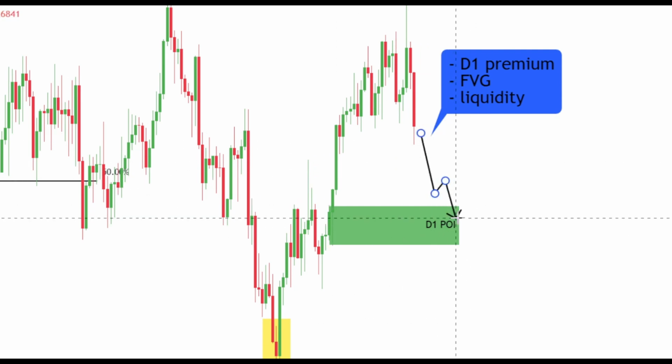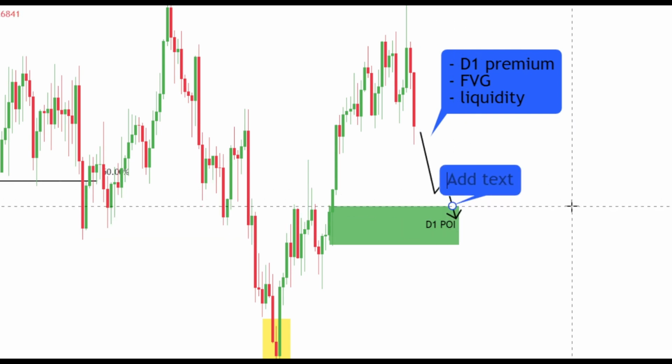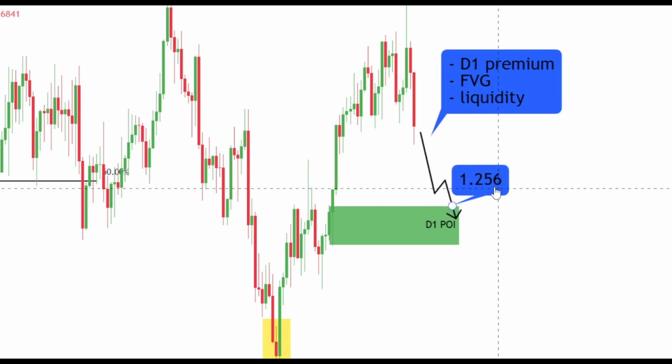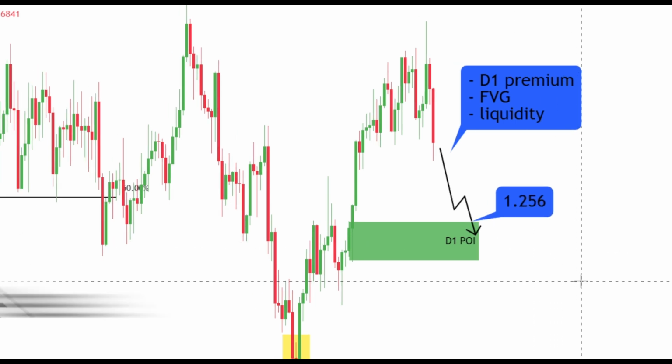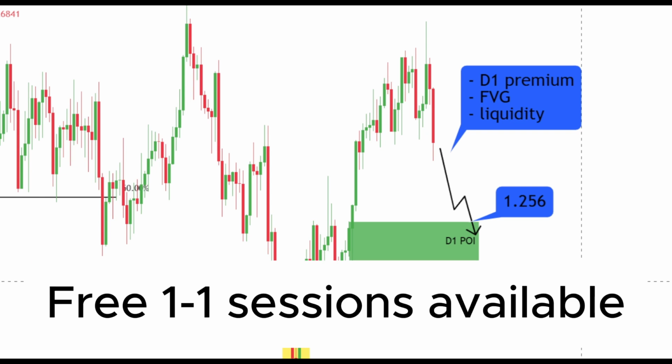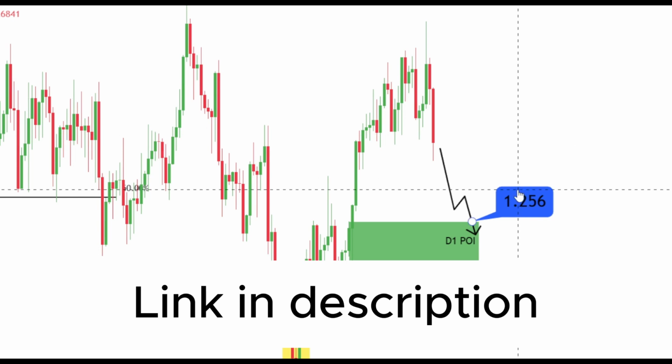So expect lower prices down to here. This particular POI is priced at 1.256. 1.256 is the next overall price level which I expect to be hit, due to the fact that we have a discounted fair value gap which we expect to be mitigated in the next few weeks.